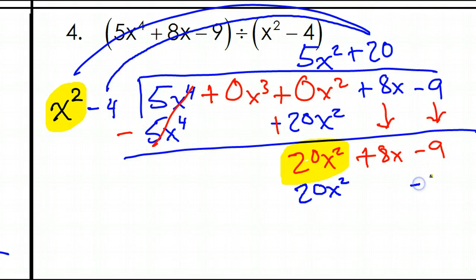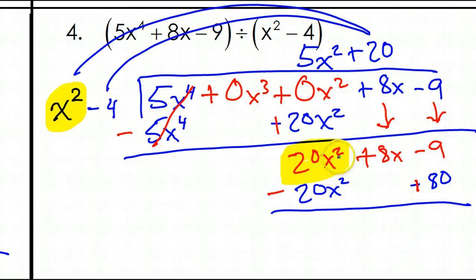So I'm going to put that over here with the negative 9, because they are like terms. All right, now subtract by changing the sign. Minus and plus. These are gone. 8x has nobody to go with, so you just bring it down. So I've got 8x. Negative 9 and 80. That's positive 71.